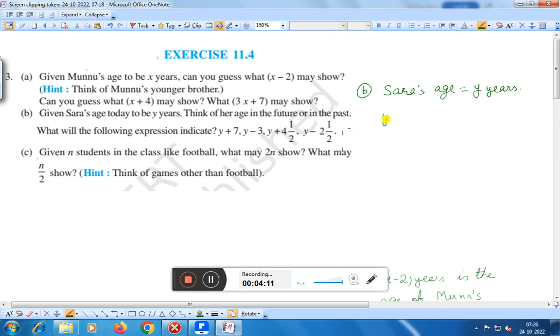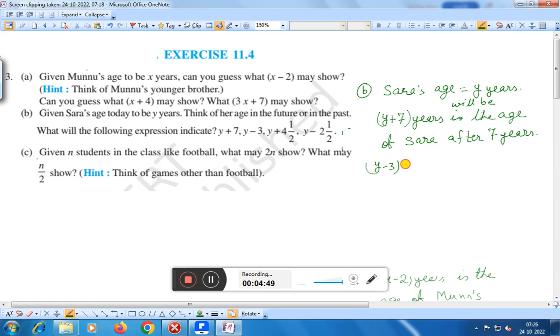Y plus 7 years will be the age of Sarah after 7 years, right?